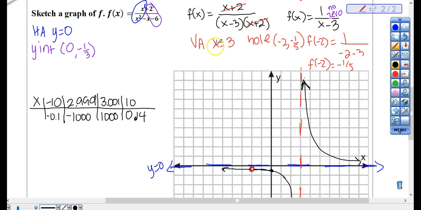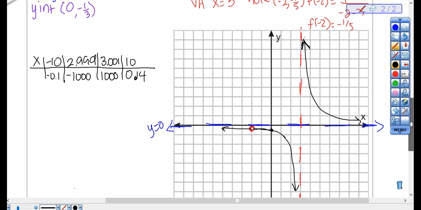Vertical asymptote x equals 3 and a hole at negative 2, negative 1/5. We plugged in a couple values after we drew our graph. You got your critical points in there. And you can see that this graph is very similar to the last one that we did. Maybe just shifted down one space, but there you go. So that's graphing when you have a hole.